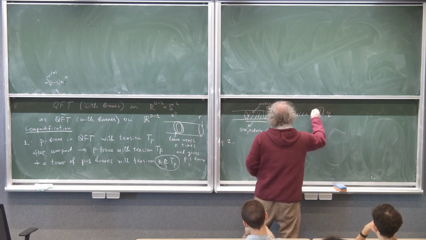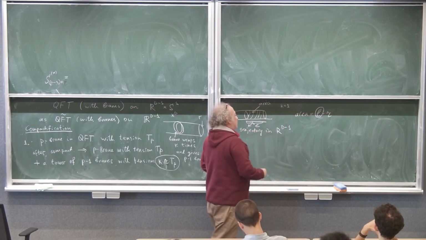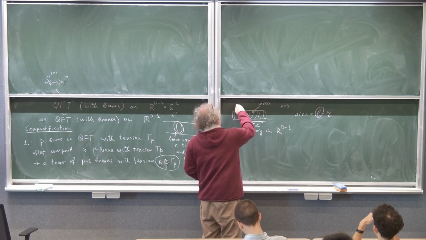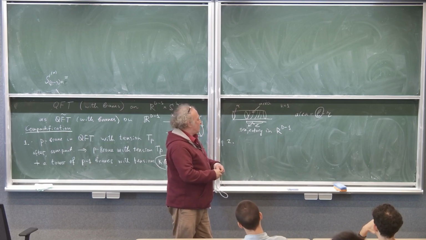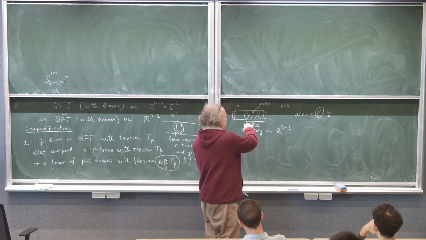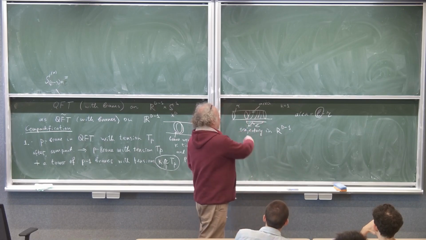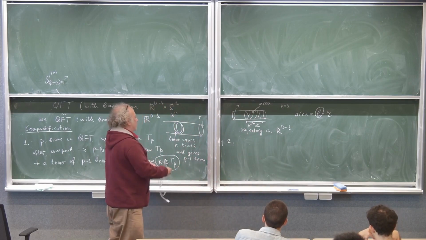This L is the length of the trajectory in R^(d-1), and this R is the circumference. But I'd like to see this wrapped string as a particle. So it is an example.